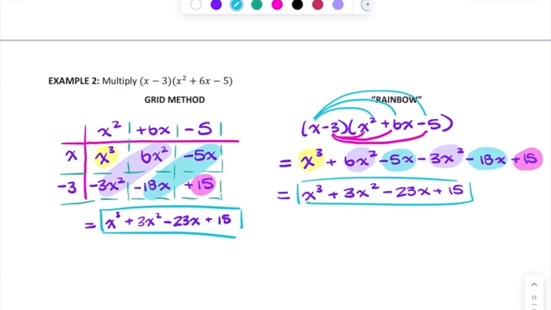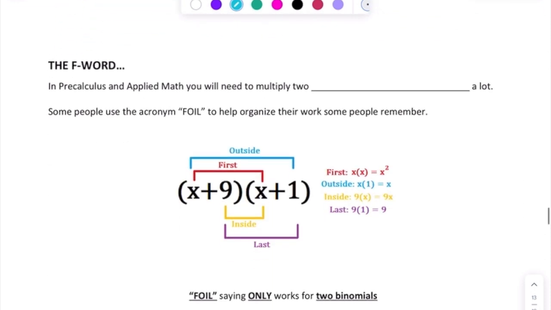All right, let's talk about the F word, and it's not the one you're thinking of. In math, we don't like teaching tricks because sometimes students will take tricks and they'll go, I don't totally have to understand it, that's okay, I'm just going to use this trick forever.